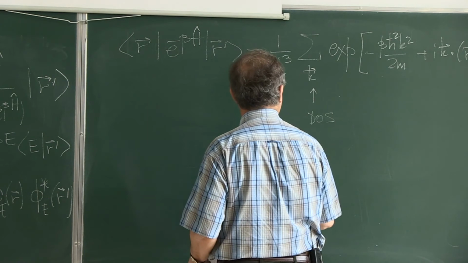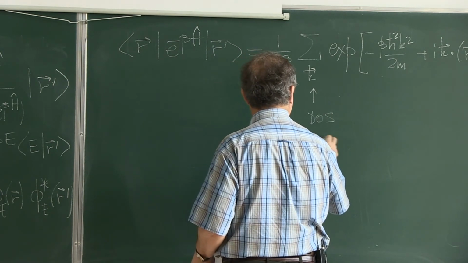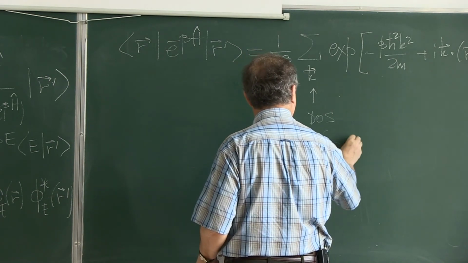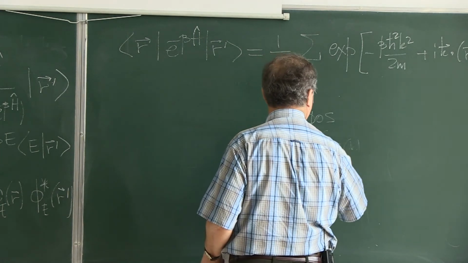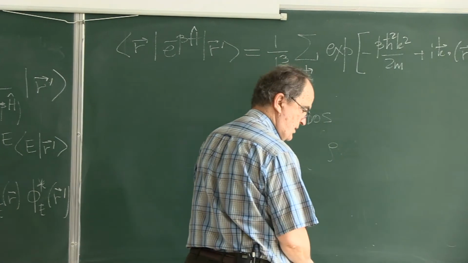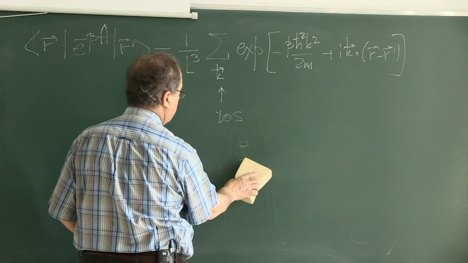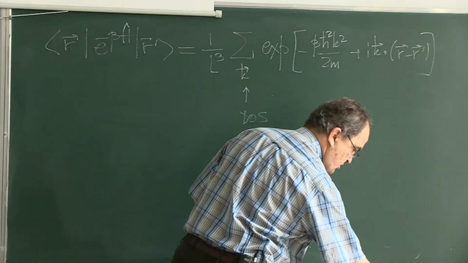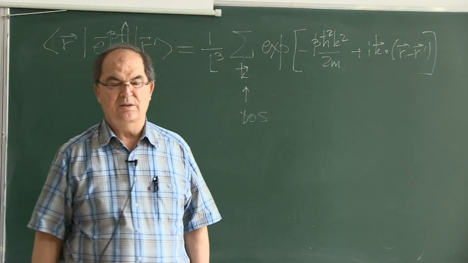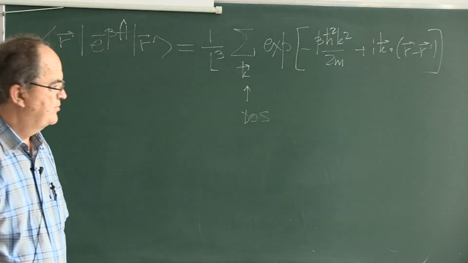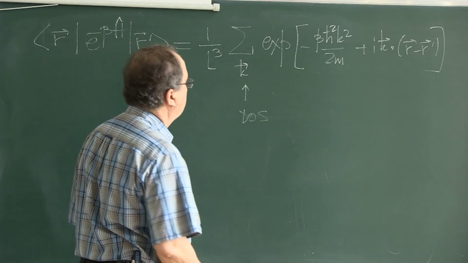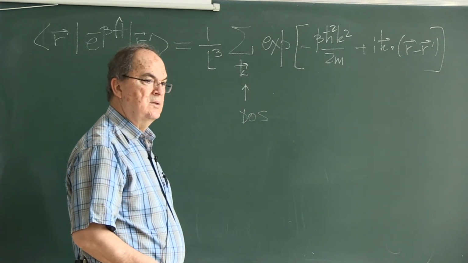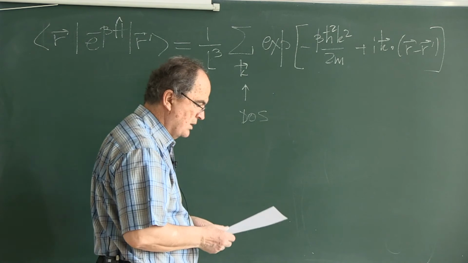So a summation over k is, well, the density of states now. This time we shouldn't mix it up with the rho we used for density of states before.